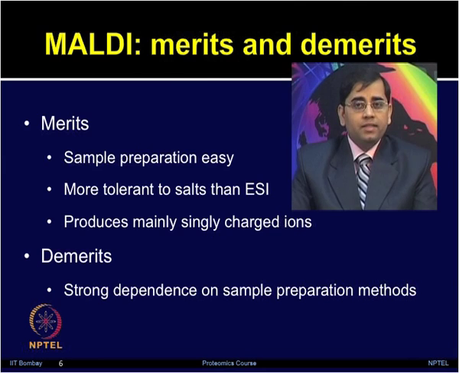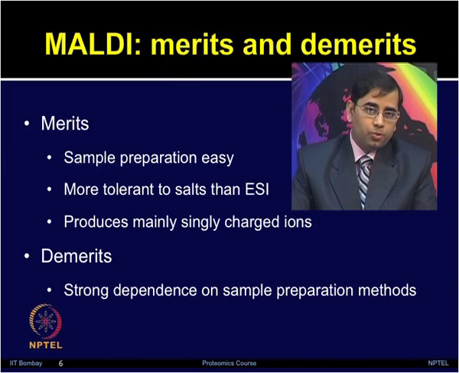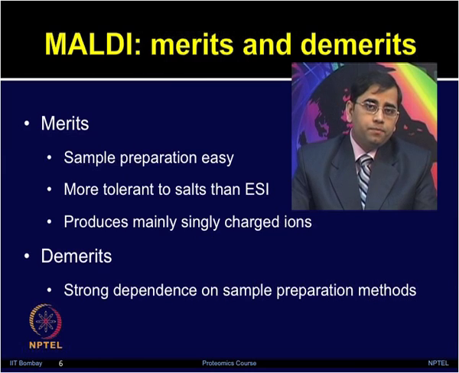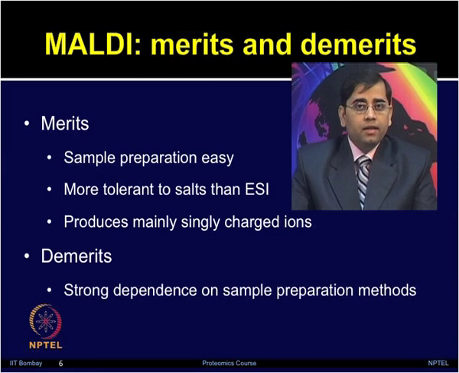Now, the various advantages and disadvantages of using MALDI as an ionization source. The sample preparation is very easy. MALDI provides high tolerance to salt as compared to electrospray ionization methods. MALDI produces singly charged species. Most analytes can accept a single proton.